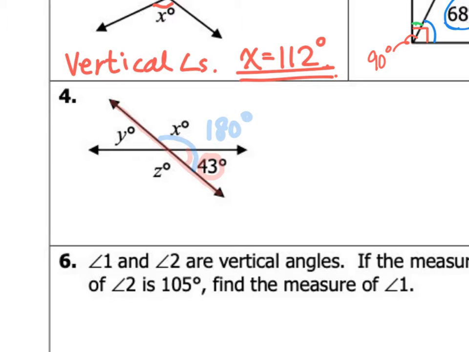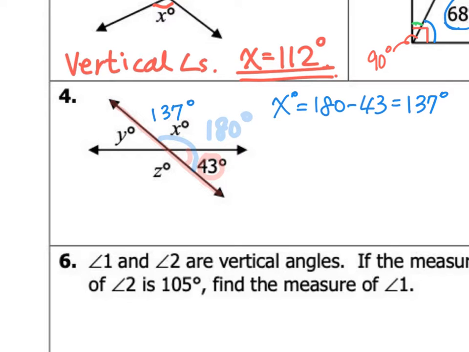We need to find x by subtracting. So x equals 180 minus 43. That will give us 137 degrees. Alright, now we found x as 137 degrees.